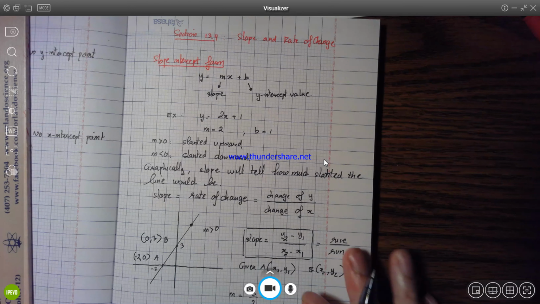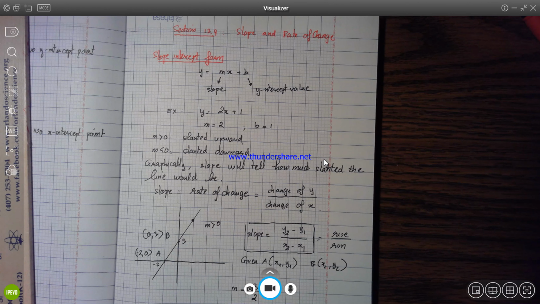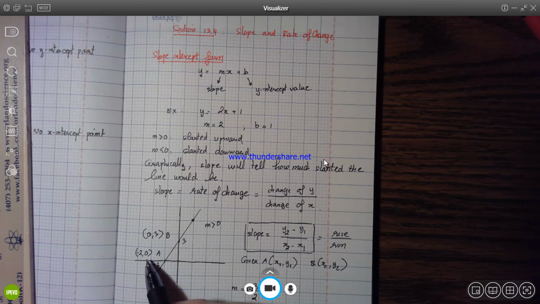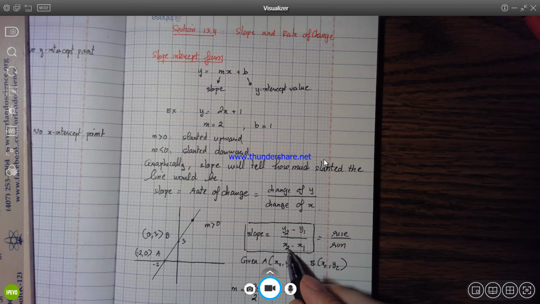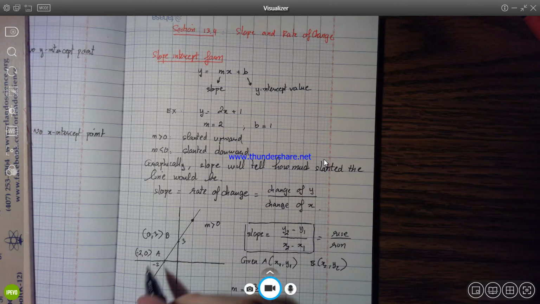And you see that y2 will be what? Whether B or A is the first point doesn't matter. So I'm going to say y2 is the coordinate of B, so it will be 3 minus y1, the y component of A, which is 0. x2 is the x component of B, which is 0, minus x1, the x component of A, which is -2.